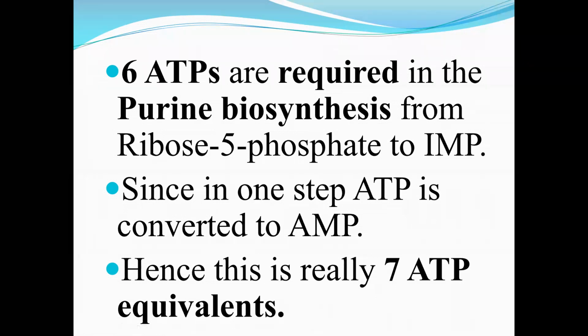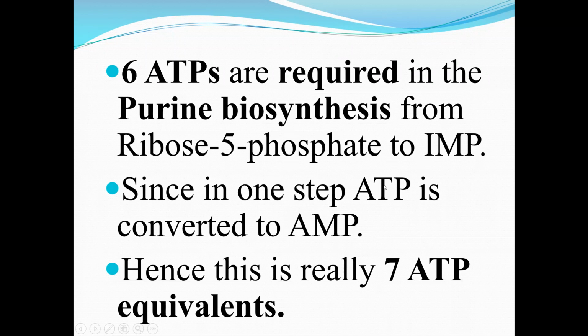One should remember this because energy expenditure calculation in the body plays important role in overall physiological process. Here 6 ATPs are required in the purine biosynthesis, where ribose 5-phosphate is converted into inosine monophosphate.